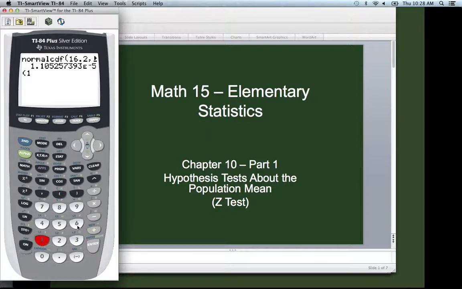And while we're on the calculator, let's calculate the z-value. It was 16.2 minus 15. That whole quantity is going to get divided by the quantity 2 divided by, oops, wait a minute now. What am I doing? 2 divided by square root 50.